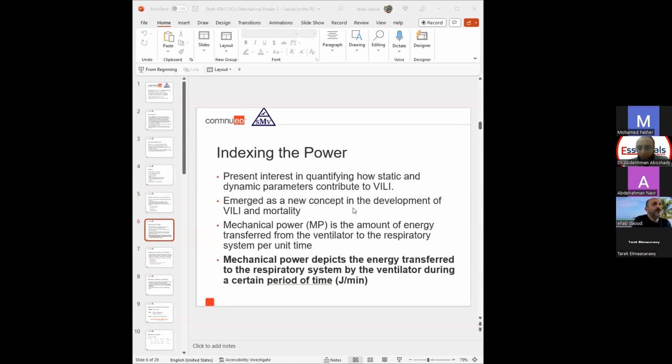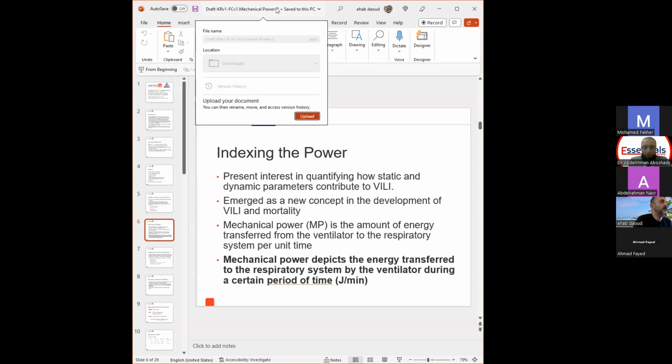Please, Dr. Ehab, can you maximize the screen? I'll maximize it. Yes. If I knew how to do that, I would. Press the F5 button on the keyboard.